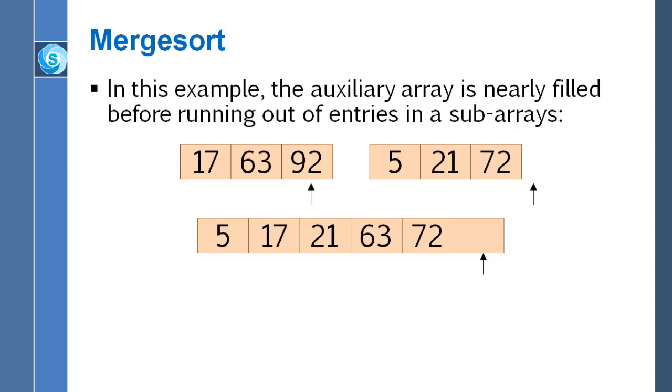But there still is a number in the first half that we haven't copied yet, namely 92. Okay, so when we get to this point, it's simple. We do what you probably would expect. We just copy the remaining numbers from the subarray that hasn't been used up yet. And so in this case, we just copy 92 from the first half.